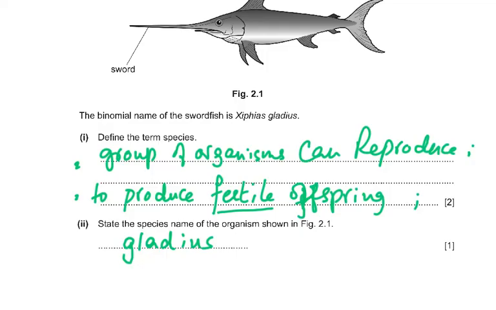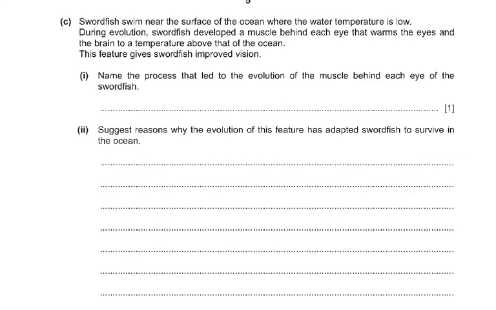Then state the species name. So this is always the genus, this is always the species. So the species name will be gladius. That is the species name. Swordfish swim near the surface of the ocean where the water temperature is low. During evolution, swordfish developed a muscle behind each eye that warms the eyes and the brain to a temperature above that of the ocean. This feature gives swordfish improved vision.